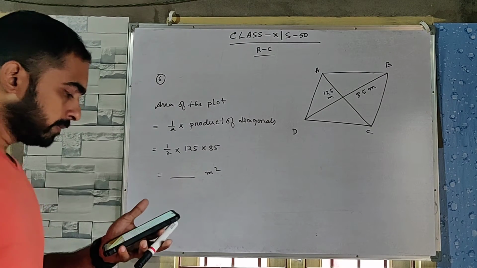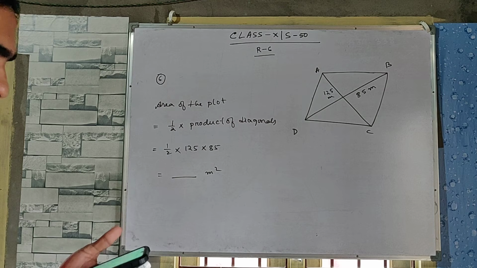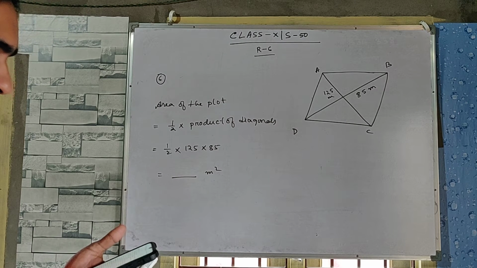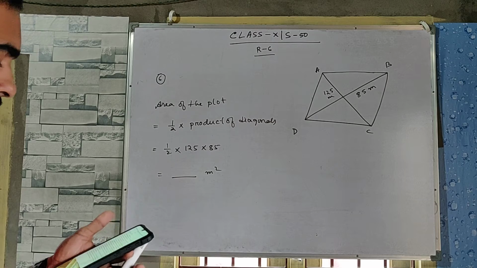Next, question number 7. The lengths of the diagonals of a rhombus are 24 meter and 10 meter. Then find number 1, perimeter of the rhombus, and number 2, area of the rhombus.